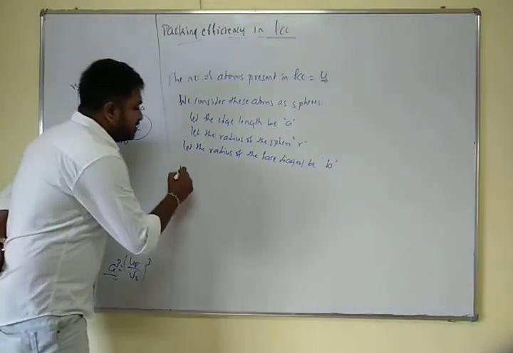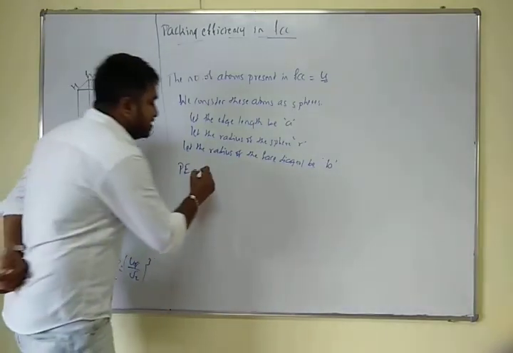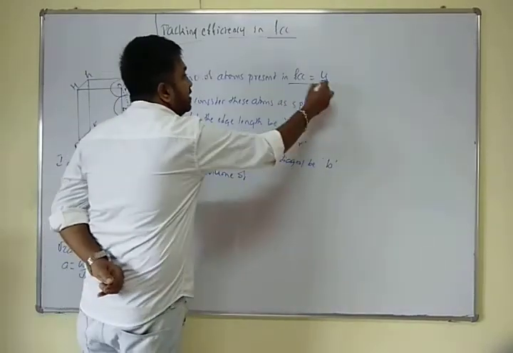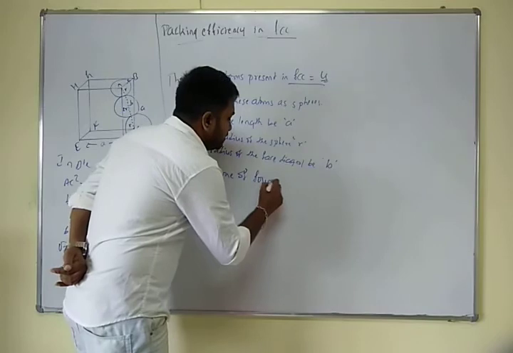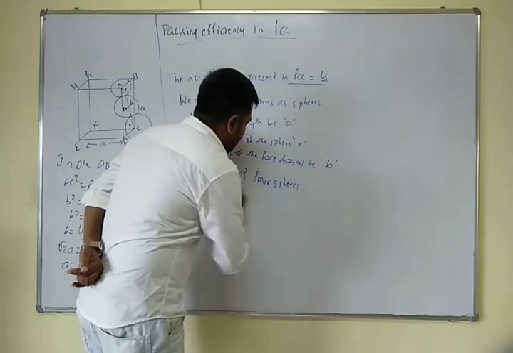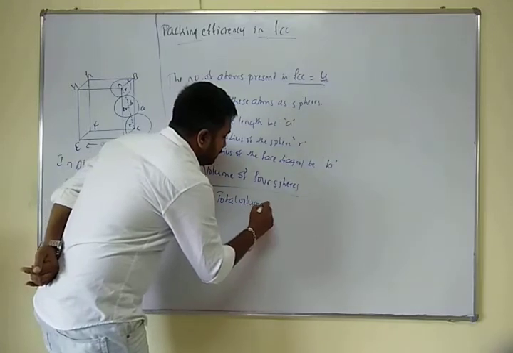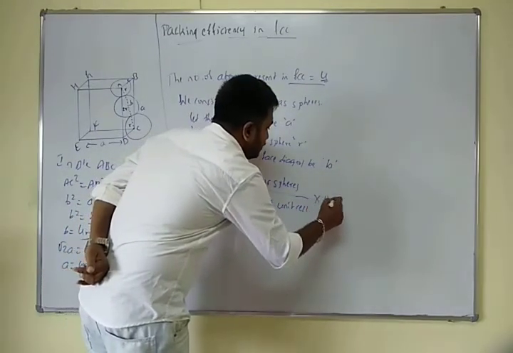What is the formula of packing efficiency? Packing efficiency is the volume of the spheres, now it is 4, clear? The volume of 4 spheres divided by the total volume of the unit cell, into 100. Clear?